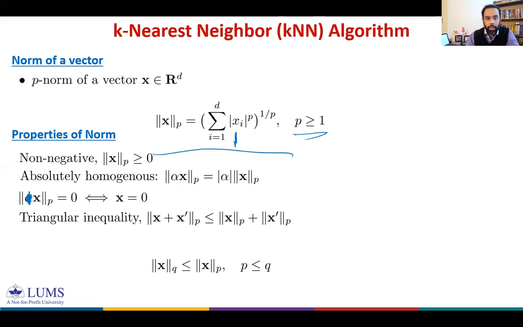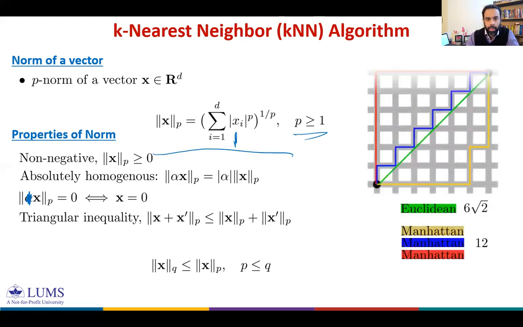If I review the example from the previous slide, we have this Euclidean distance and this Manhattan distance. If we assume that each block is of unit dimension, we have a Euclidean distance of 6 square root 2, whereas the Manhattan distance we compute like this: 6 units along this dimension and 6 units along this dimension, that gives 12.